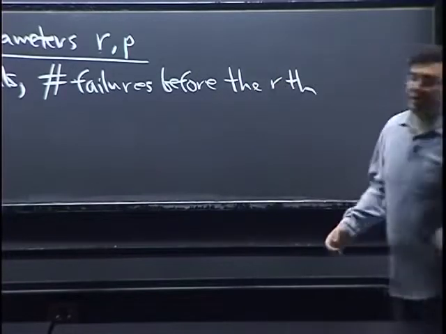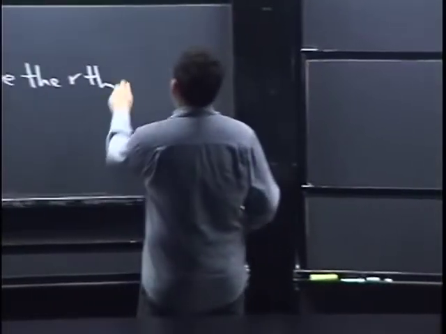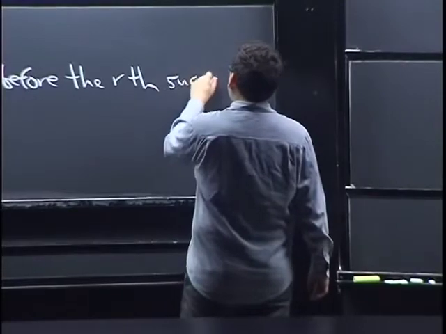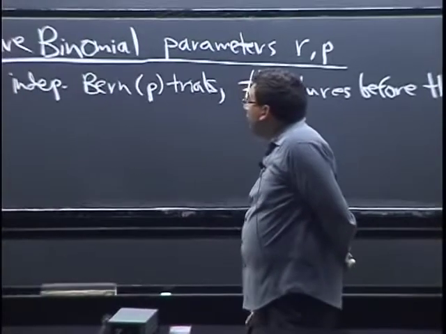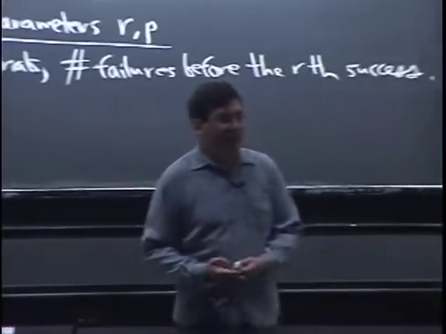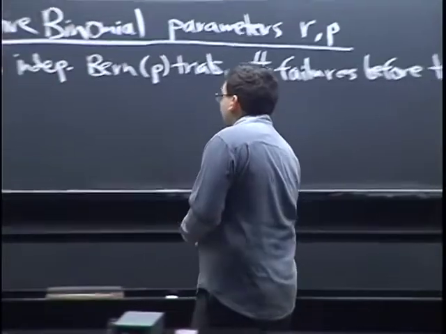So keep trying and trying and trying until you have R successes, and then count the number of failures. That would be called a negative binomial. And let's find the PMF. Let's find the expected value. Okay? So what's the PMF?